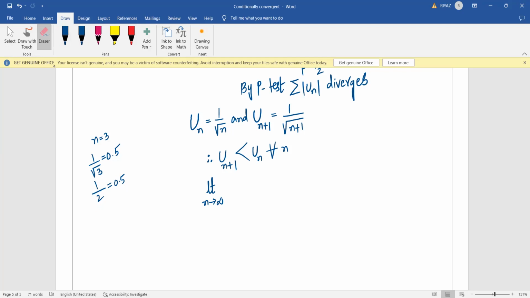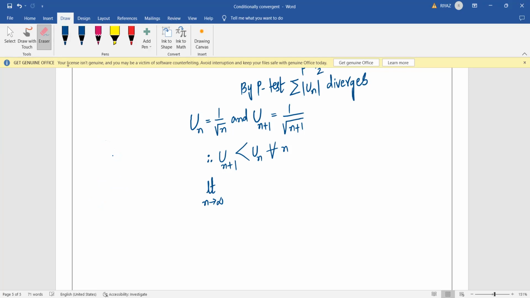Root 4 is 2, so 1 by 2 is 0.5. That was 0.577, but I didn't do it in a scientific calculator. Okay, let us forget about it, no problem at all. Because it is a 2 marks question, we need not worry about it. If you want to check it, don't go for a small value, take some big value, then you will get it easily.